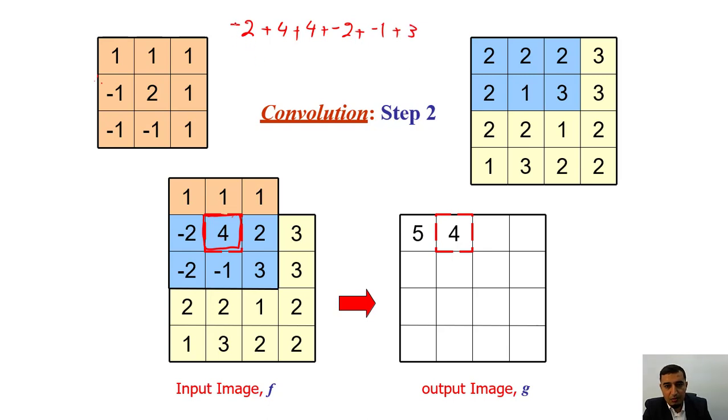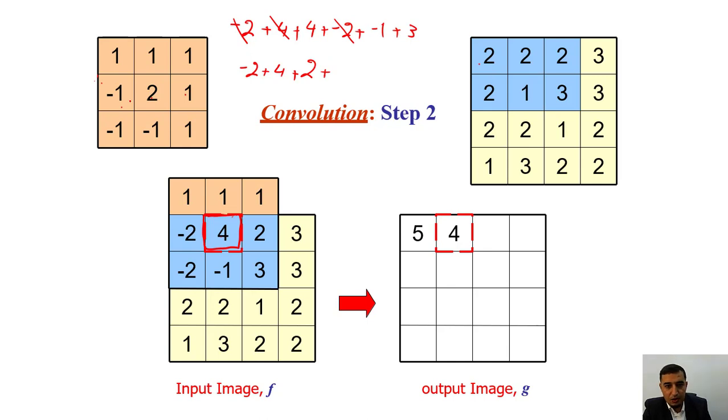So the 4 minus 1 is 3, and 3 plus 3 will equal 6. Over here we got a 4. Let me double check. So minus 1 multiplied by 2 is minus 2. Then 2 multiplied by 2 is 4. Then 1 multiplied by 2 is 2.